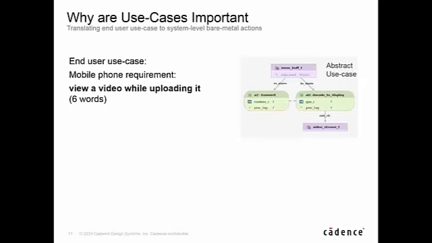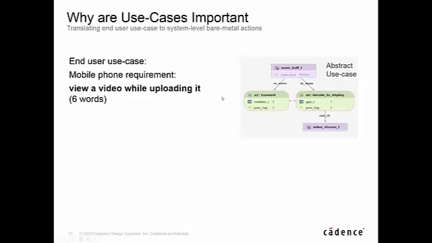In this case, we're talking from a product perspective that, oh, I'm developing a mobile chip. I want that mobile chip to be able to view a video while it's uploading it. And so I can capture that use case very simply in language, but we want to be able to also capture it in the tool.